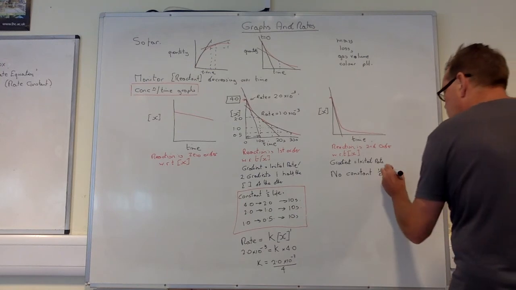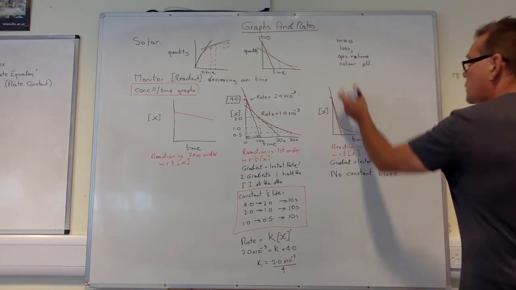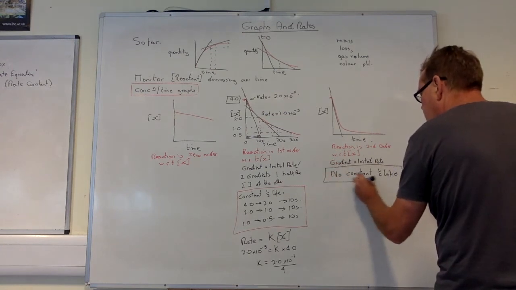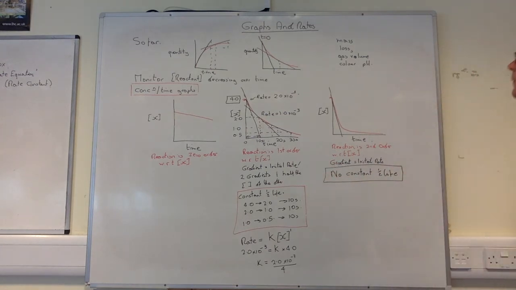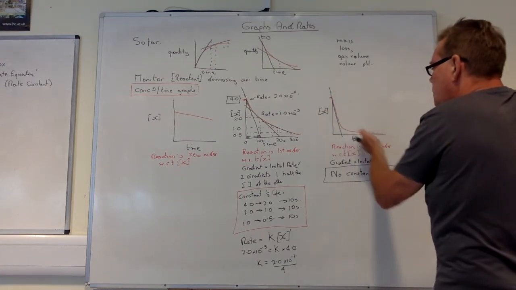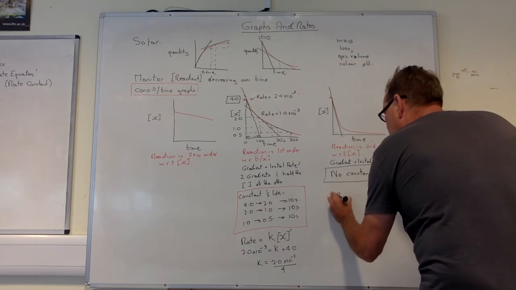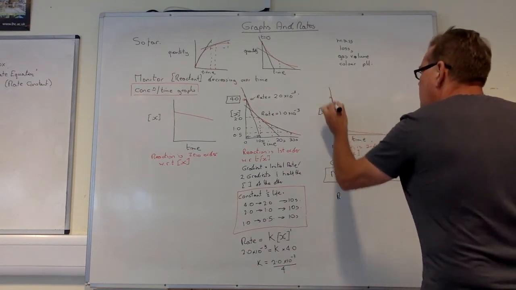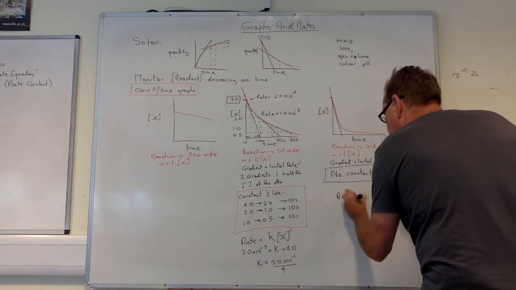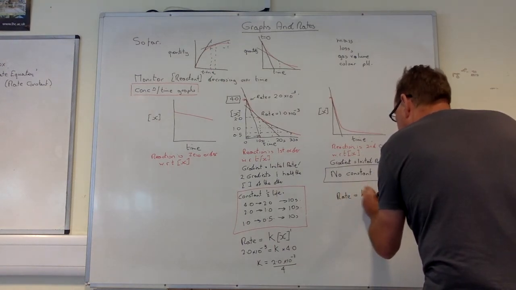So if it's second order, a shape like that, you do a bit of half-life on it and it's all over the place, with no constant half-life. You can come to this conclusion if it's the only reactant.